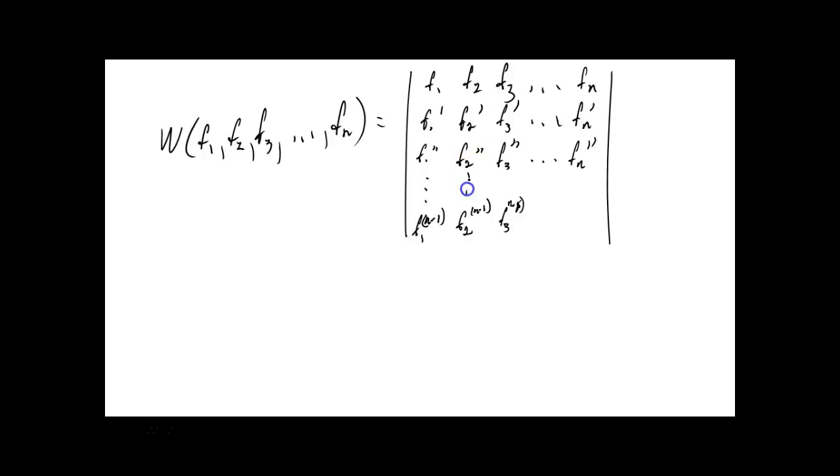Okay, all these are dotted, and a dotted, and a dotted down to f sub n to the n minus first derivative. Everywhere dot. Now, just something to pay attention to here.